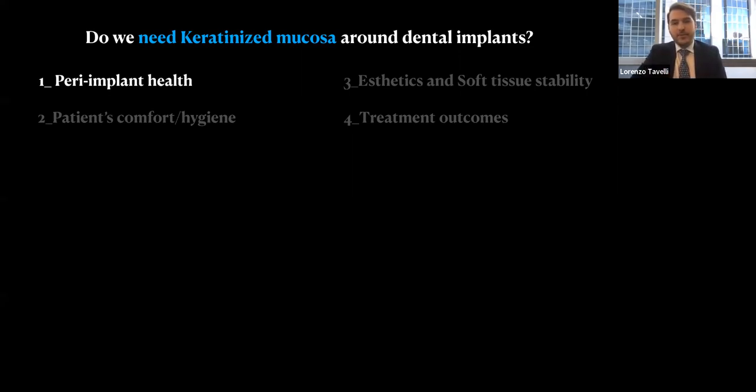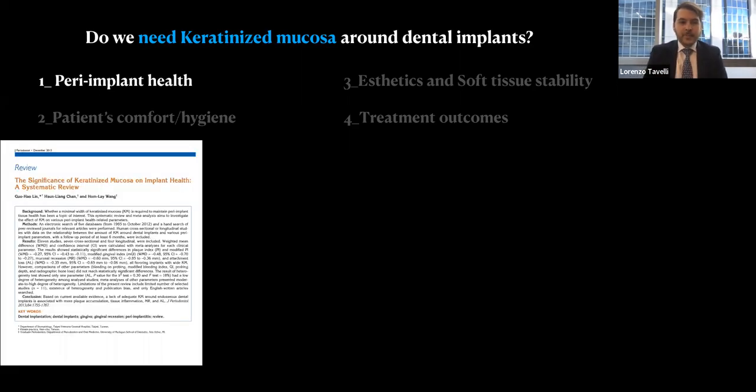Let's first examine the effect of keratinized mucosa on peri-implant health. And I want to start from this, I would say, very famous systematic review of my dear friend, Dr. Lin, who, by the way, is the colleague that invited me for this lecture. So I want to thank him again for his kindness and his invitation.